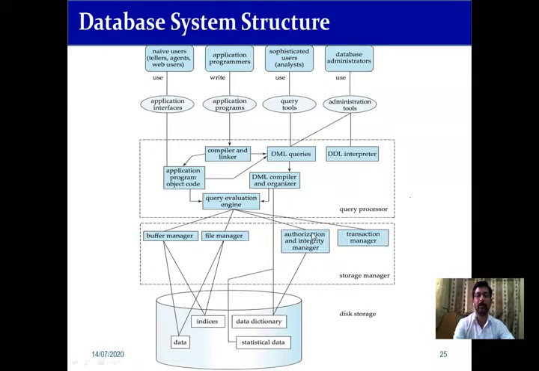That's why its name itself is authorization and integrity manager: to check the authentication of users as well as to enforce the different integrity constraints with respect to the database.